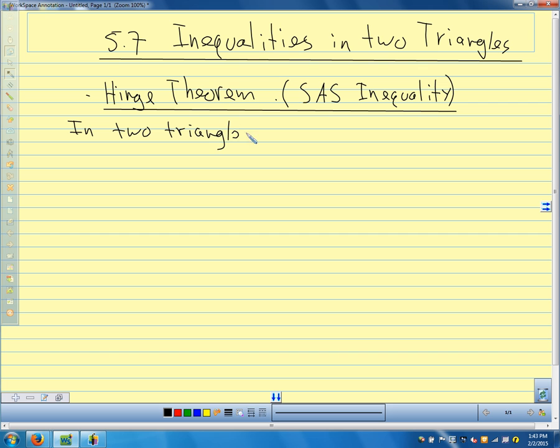So we're comparing two triangles. In two triangles, if two sides of the triangle are congruent, but the angle between them is not.